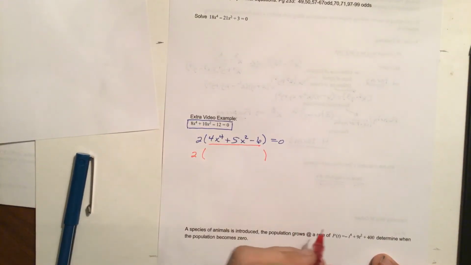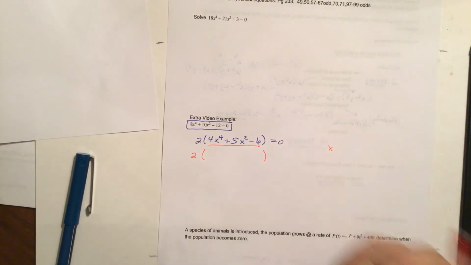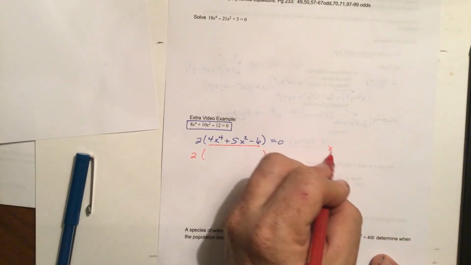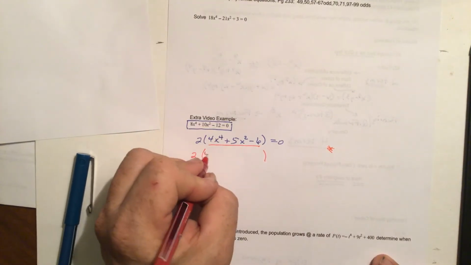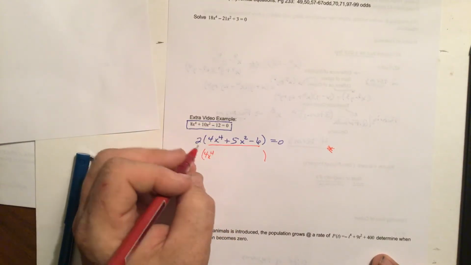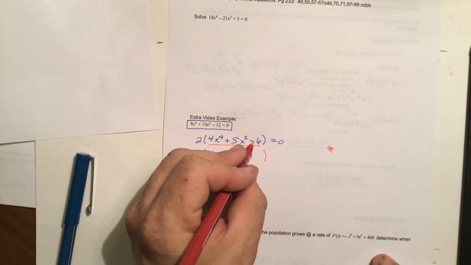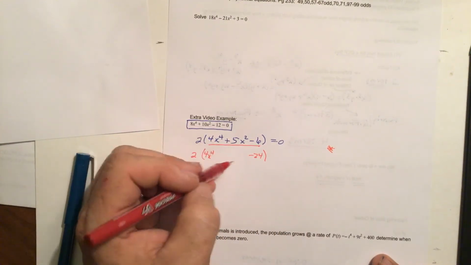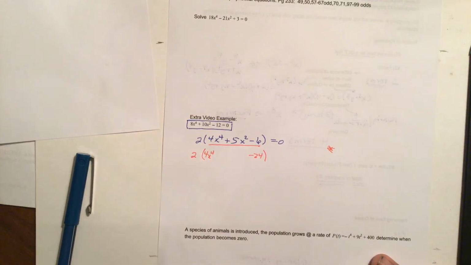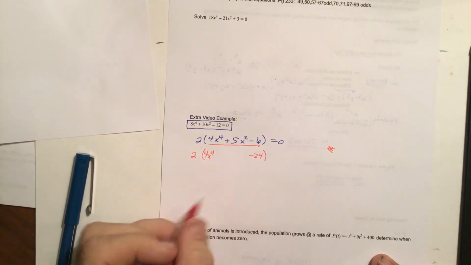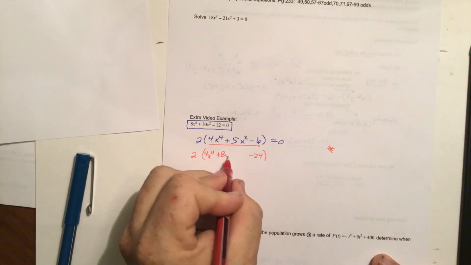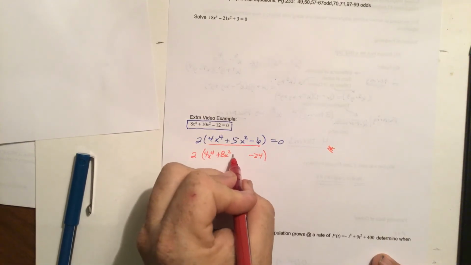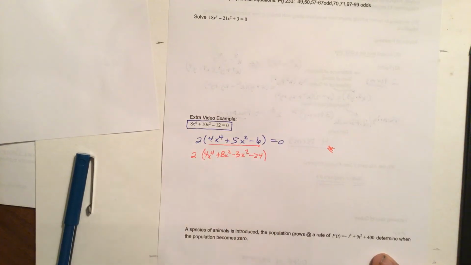Actually, no, I'm going to do my factor by grouping model. So I've got 4x to the 4th, and then 4 times negative 6 is negative 24. What multiplies to make negative 24 but adds to make 5? That's going to be 8x squared minus 3x squared.